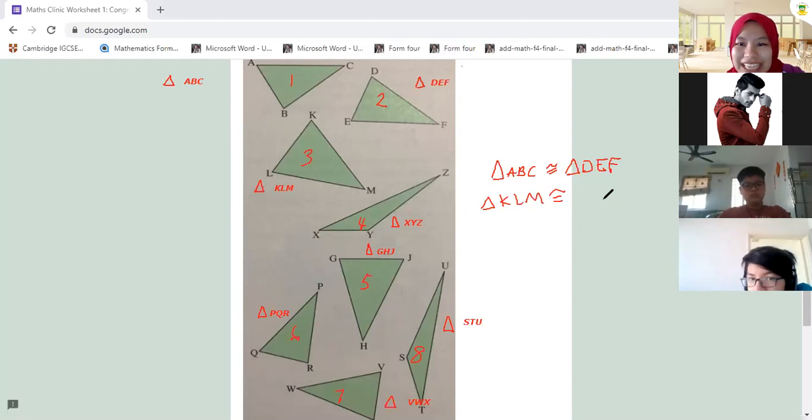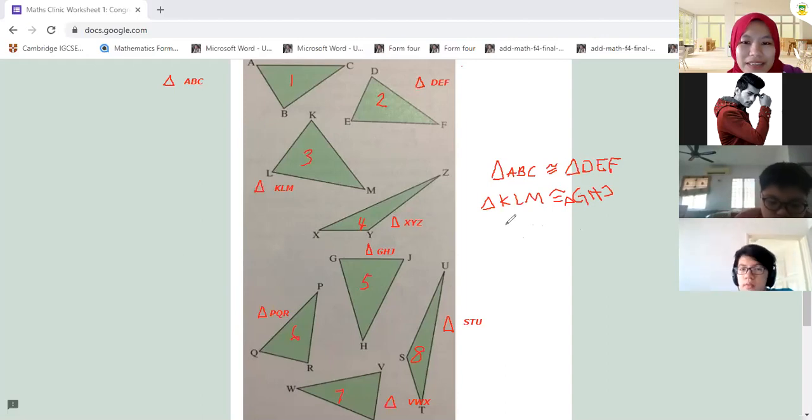Correct, GHJ. Triangle GHJ. Don't forget to draw the triangle symbol here. Okay, next. Can we proceed? What is triangle XYZ?